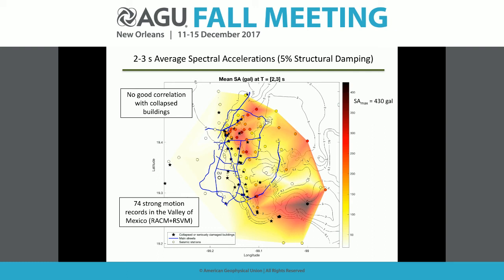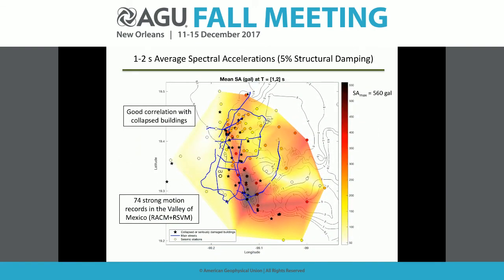So there's no big correlation with the spectral accelerations between 2 and 3 seconds. But if we look at shorter periods, between 1 and 2 seconds, we see a very, very nice correlation between these maxima and the place where the buildings are located.